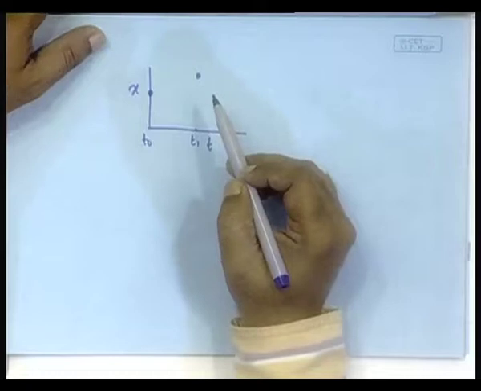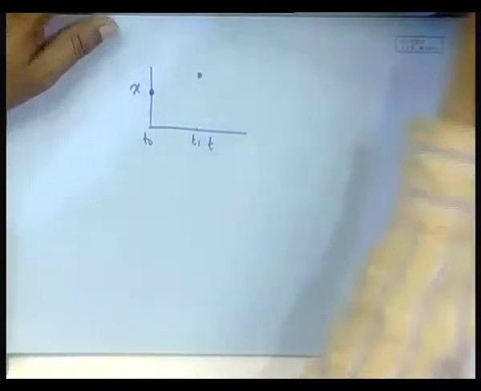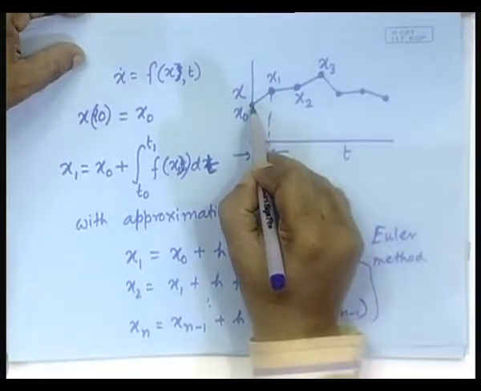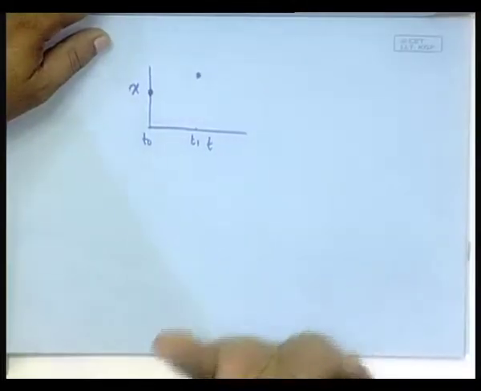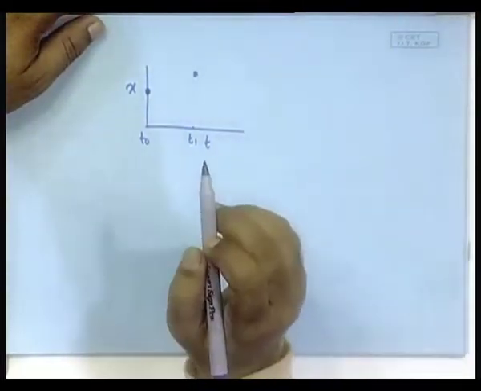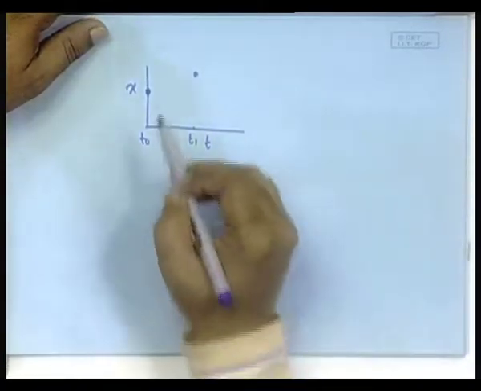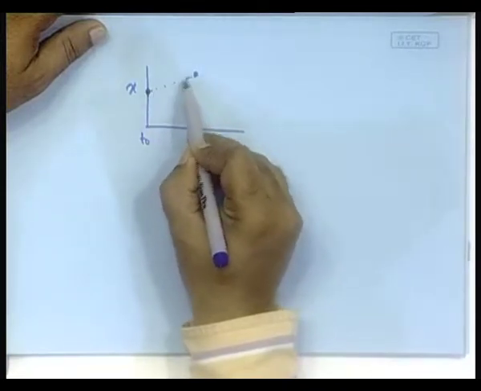Then the next approximation is, what was our initial guess? It was that the slope remains the same from this point to this point. Now, we will still assume that it remains the same, but will improve upon the value of the slope. We will not take the value here, rather we will take the value somewhere in between.